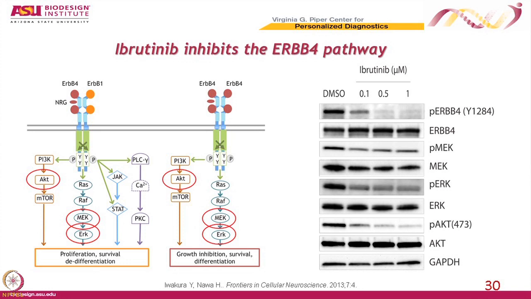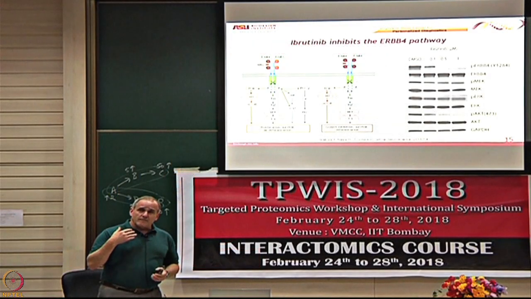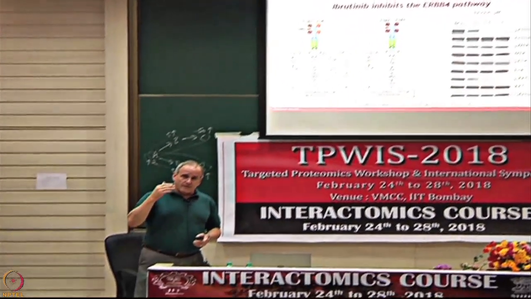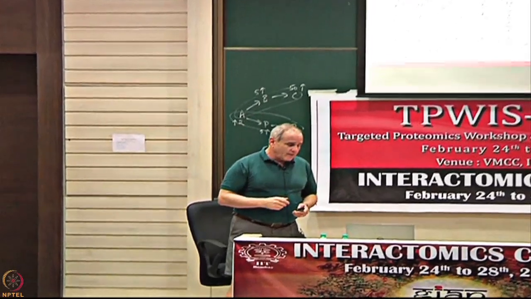Keep in mind that the level of AKT is the same. So the protein is still there, it's just not as phosphorylated. Same is true of ERK, same is true of MEK, although this is a little bit bigger than that, I think. But you get the idea, right? So when we treat with ibrutinib, it inhibits the downstream pathway of ERBB4.